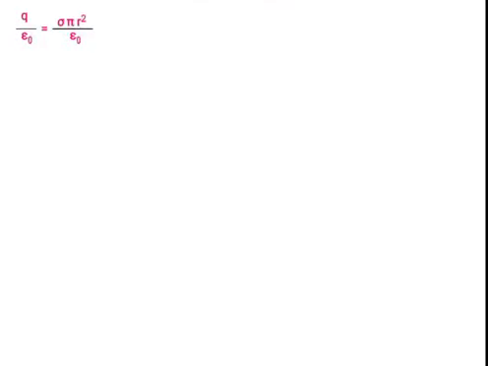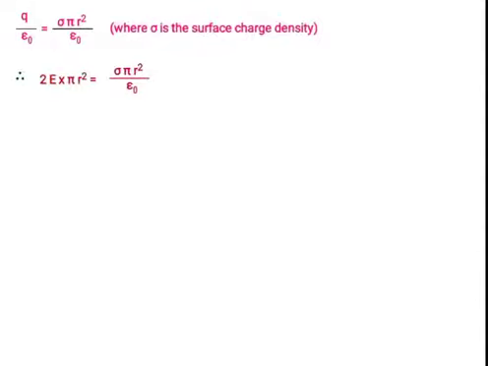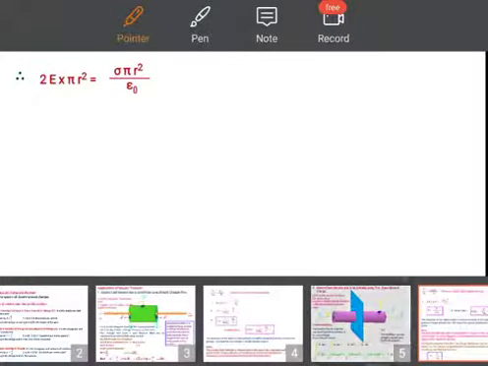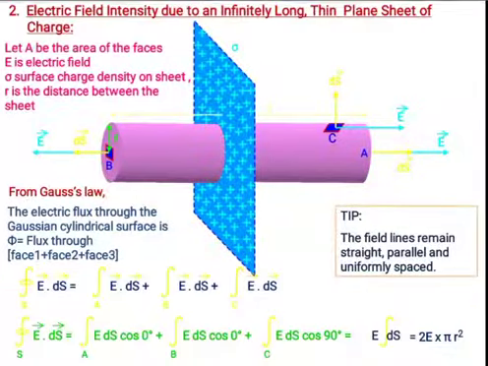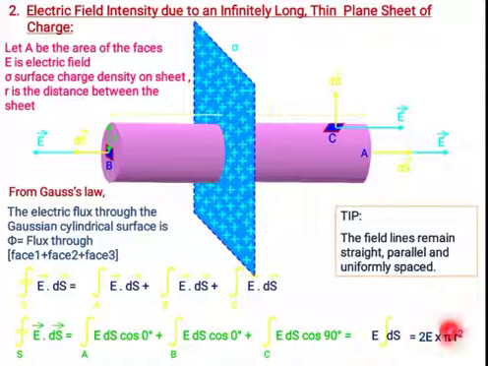Q is nothing but sigma into pi r square, where sigma is the surface density of charge, or surface charge density, and epsilon naught as it is. Therefore the electric flux phi is equal to 2E into pi r square.